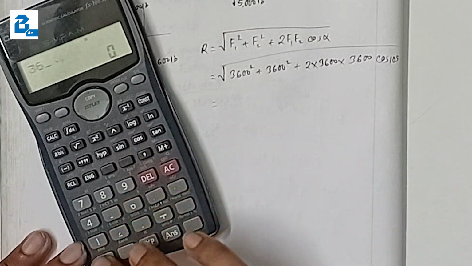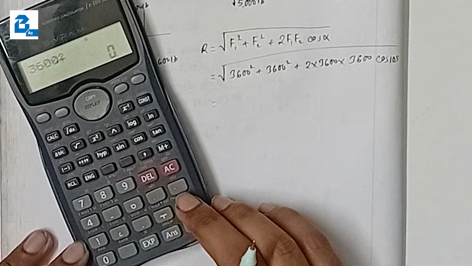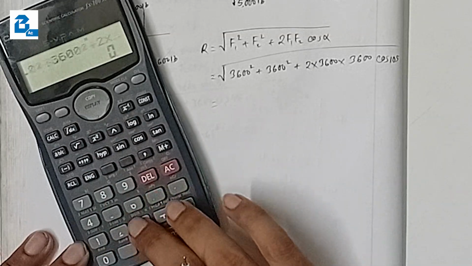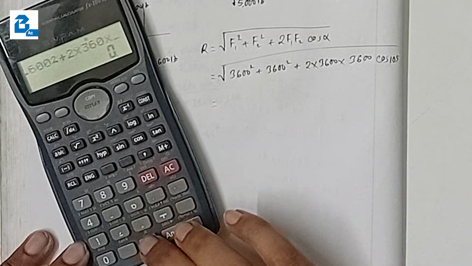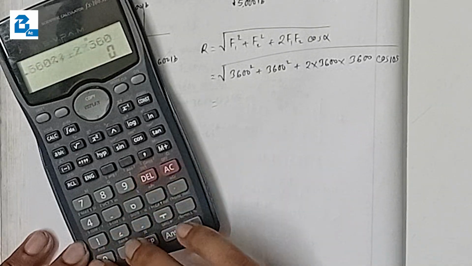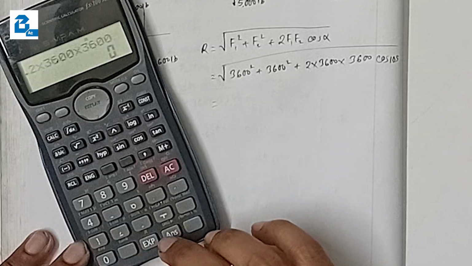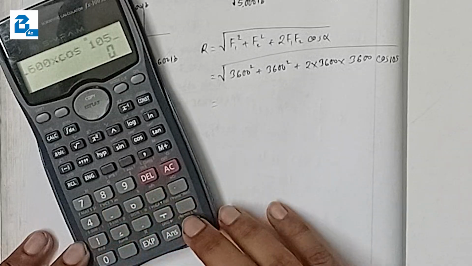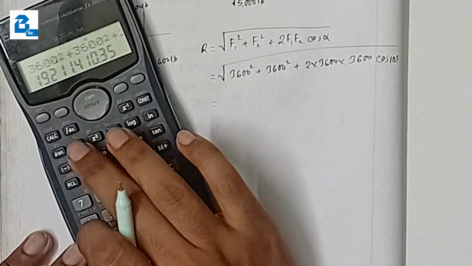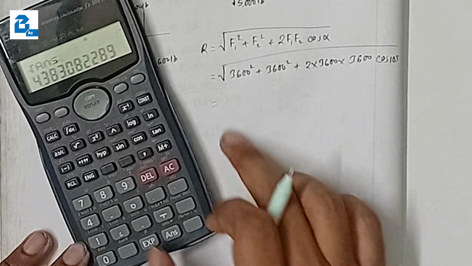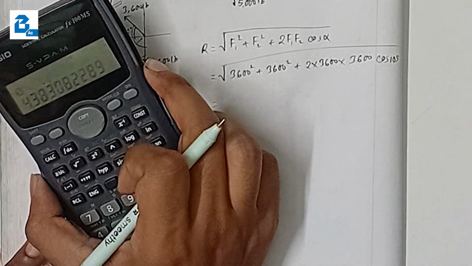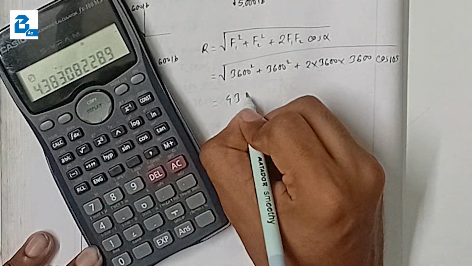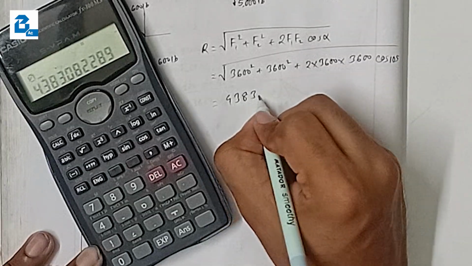We will get 3600 square plus 3600 square plus 2 into 3600 into 3600 into cos 105, and then root over answer. Then we get 4383.08 pound.